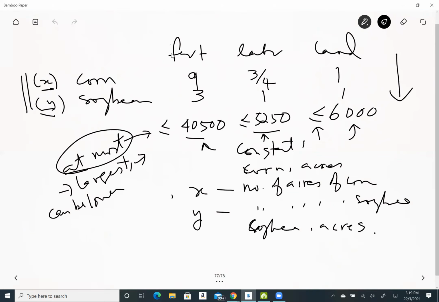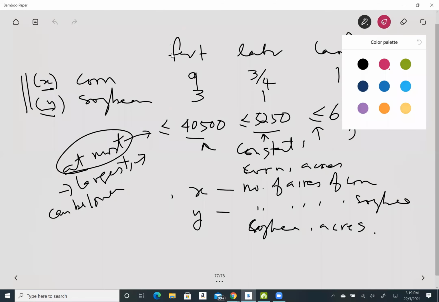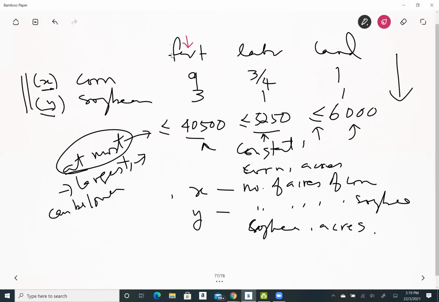So it's 9x plus 3y less than or equal to 40,500. Call it number one. So that is the first column of the table.